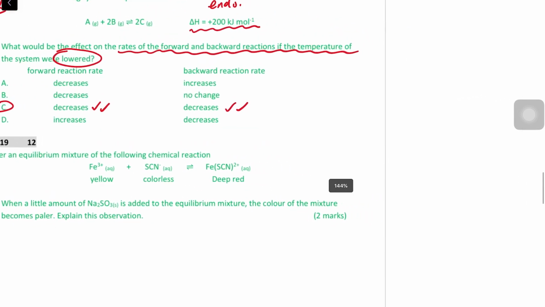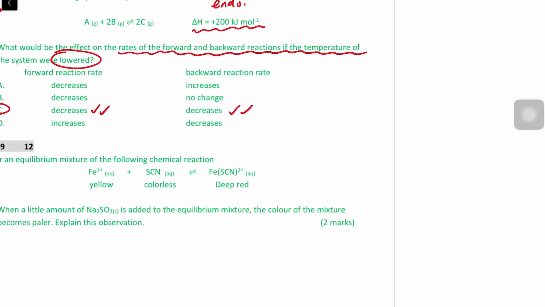So maybe you are not happy with that, because in the lessons you were told that if the forward reaction is endothermic and the temperature is lowered, the system will shift the equilibrium position to the left. Yes, in the lessons you were taught to do so, right?